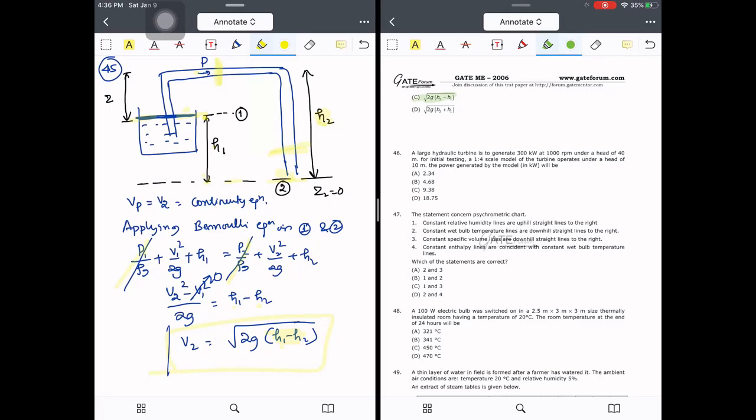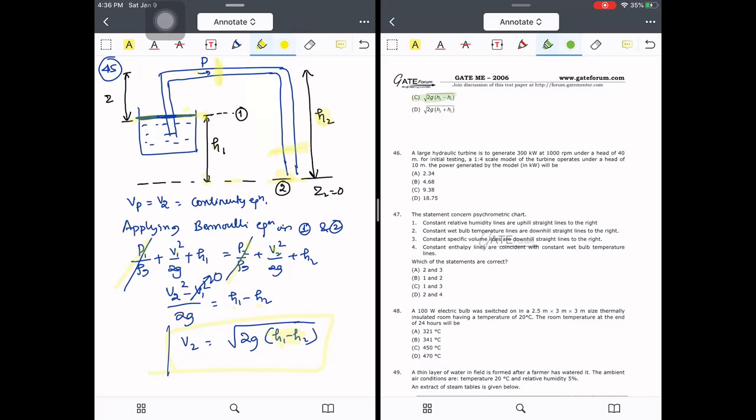However, h1 minus h2 will not give any feasible solution mathematically. So the only thing that is left is the difference between their heights, okay. So it will be h1 minus h2 or h2 minus h1 also. But I'm still seeing if there is any possibility. Yeah, it is possible.